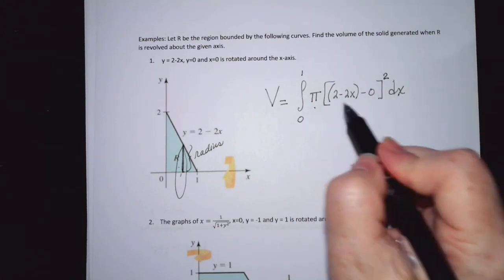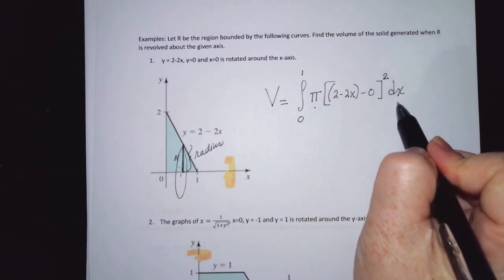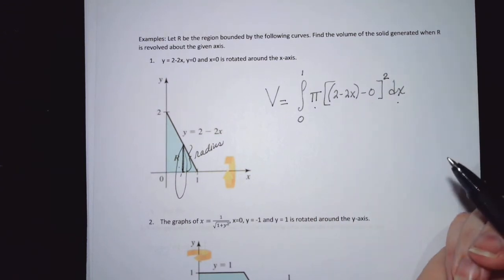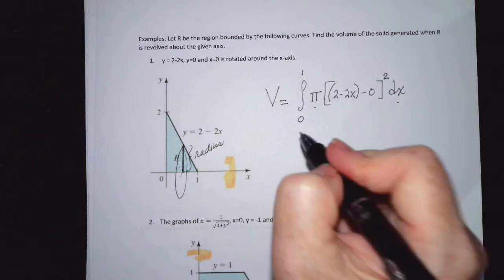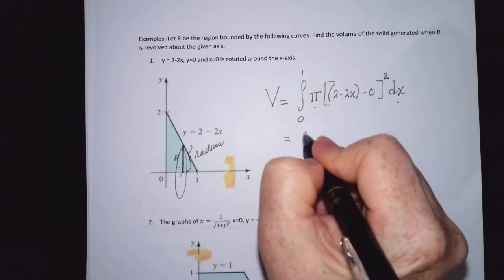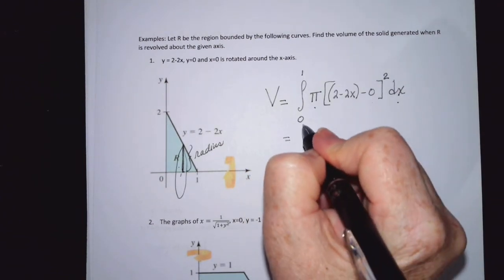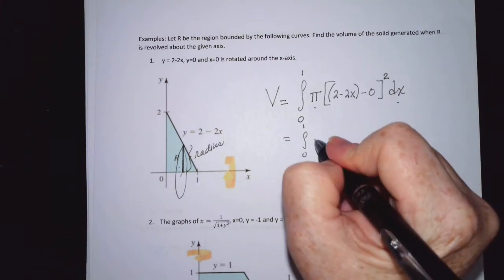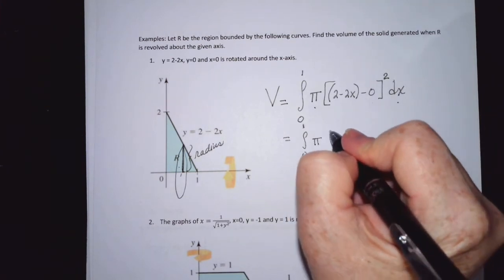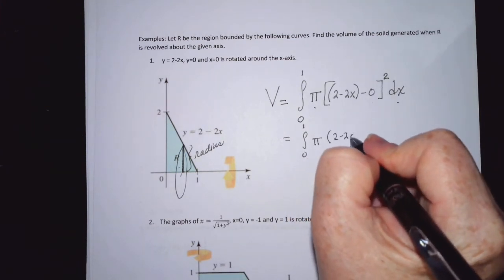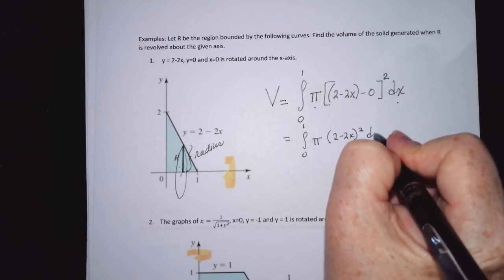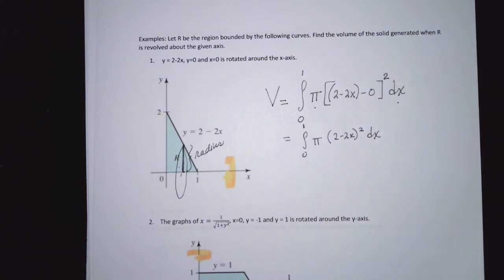This is pi r squared times the thickness. So when we simplify it on this one, it would be the integral from 0 to 1 of pi times (2 minus 2x) quantity squared times the thickness.